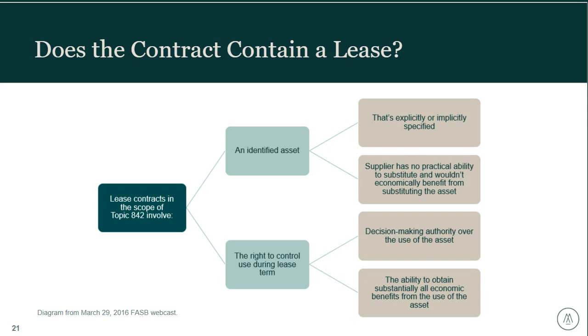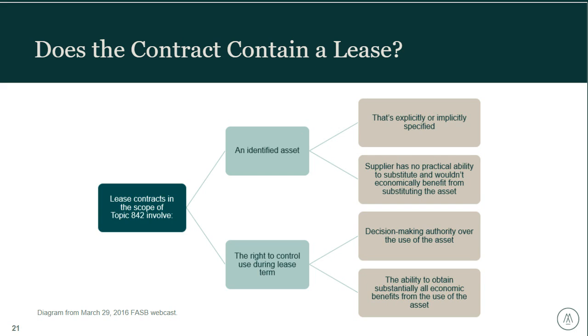This means if the supplier, if the lessor, can give you a less valuable asset and receive the same rate and still be complying with their lease terms. So if they can give you a lower horsepower compressor and charge you the same rate, then they could potentially have the practical ability to substitute.